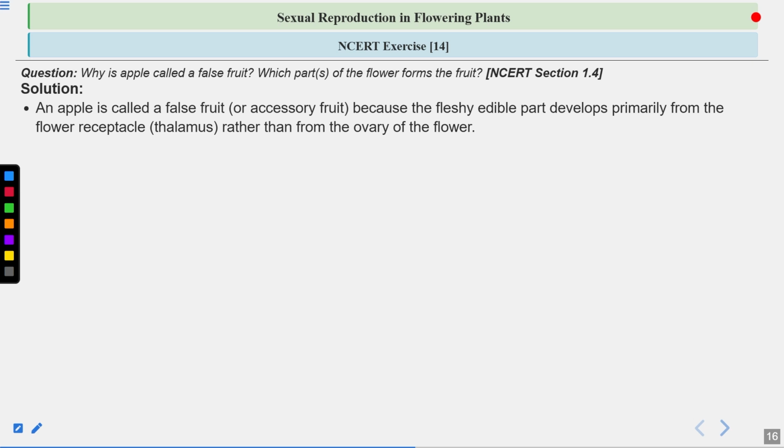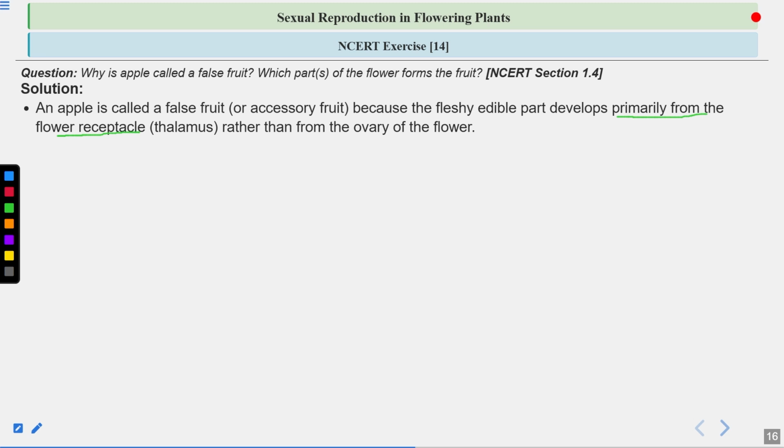or accessory fruit because the fleshy edible part develops primarily from the flower receptacle, that is the thalamus. So why are they calling it this? If the fruit is a fruit, why is this true and false fruit term coming out?